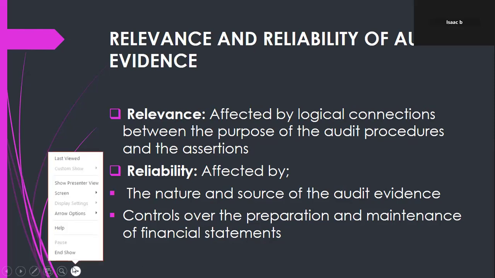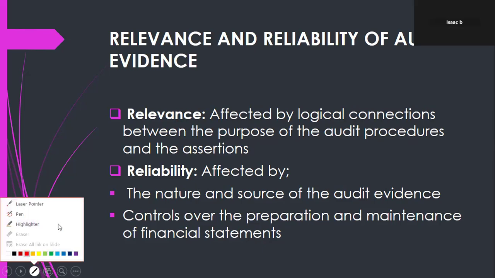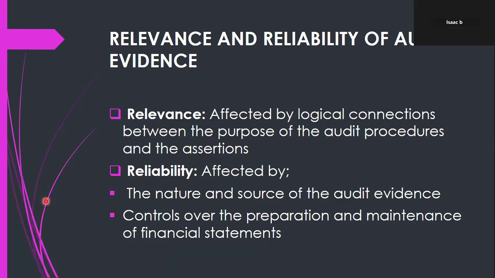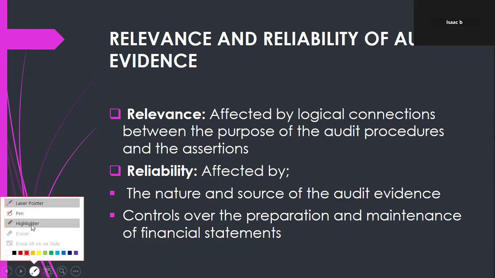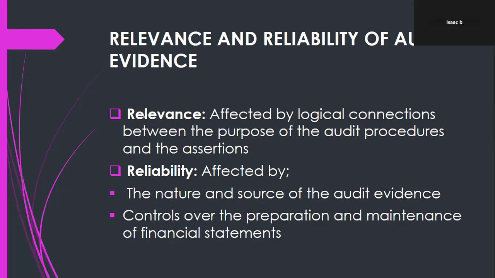Remember, the assertions are statements that the auditor uses in order to obtain sufficient appropriate evidence. So for audit evidence to be relevant, the auditor needs to make a logical connection.